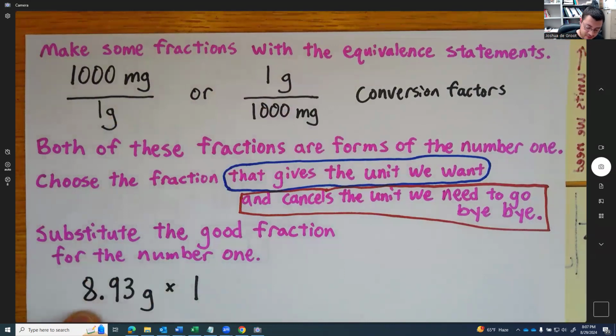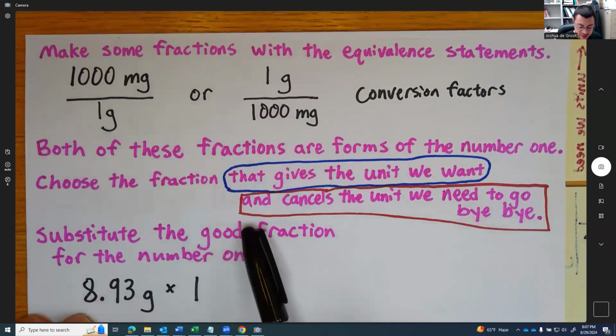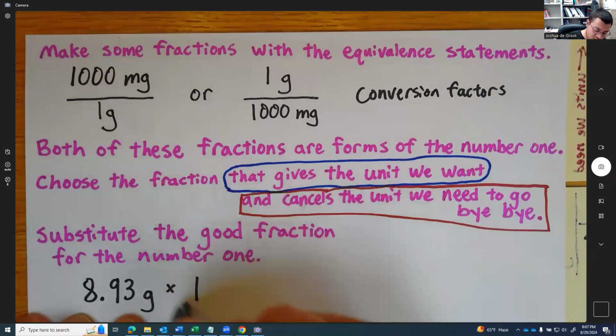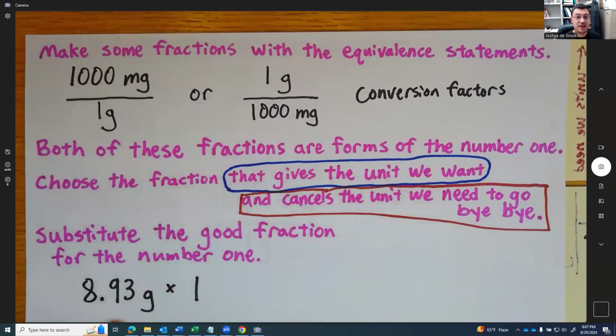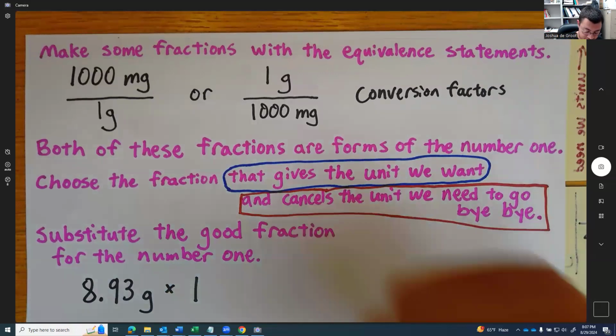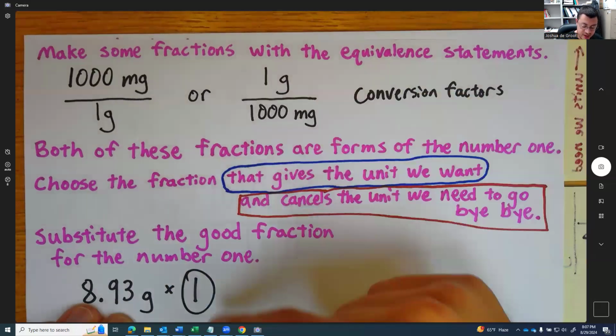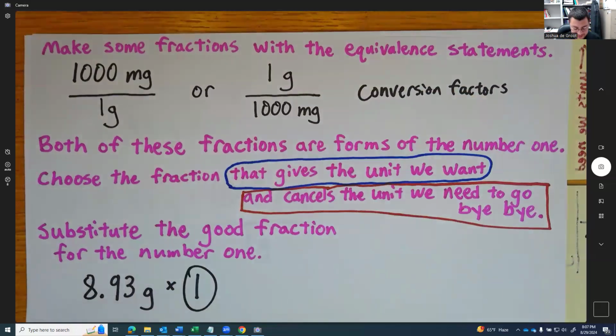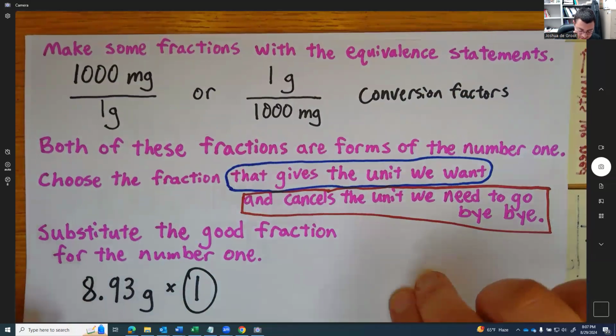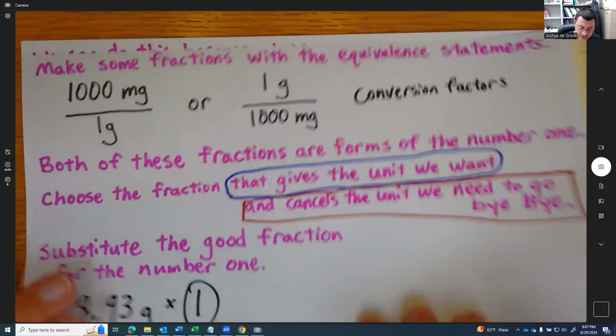And once we choose that fraction, I'm calling it the good fraction, we're going to substitute it for this number 1 we have right here. We're going to find which one we want to substitute into this number 1. Next page, there's going to be an answer.